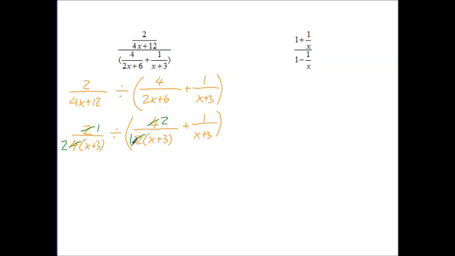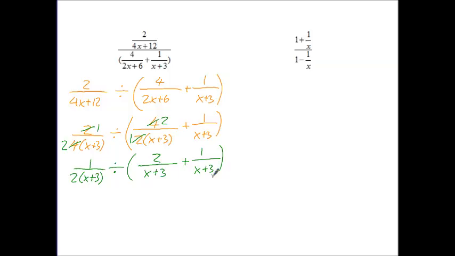So we have a set of fully simplified fractions now that says 1 over 2 times the quantity x plus 3 divided by 2 over x plus 3 plus 1 over x plus 3. And we see that we are in luck.